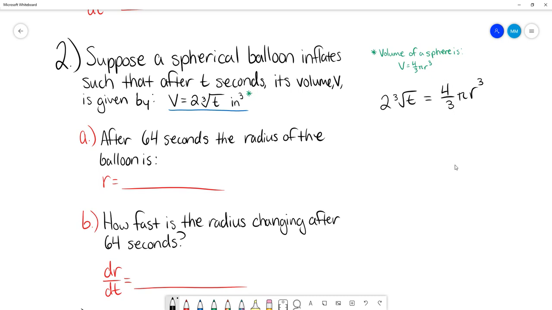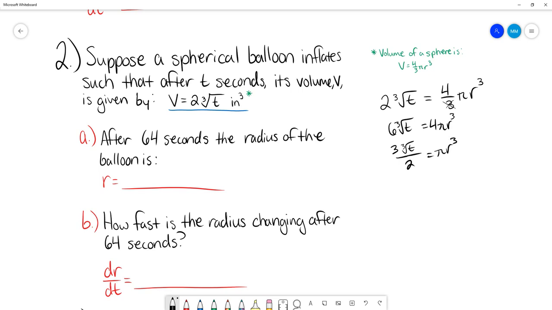Or rather, I'm going to multiply both sides by 3 to cancel that out, which gets me 6 times the cube root of t equals 4 pi r cubed. And now I can divide by 4. So 6 over 4 reduces to 3/2 equals pi r cubed.